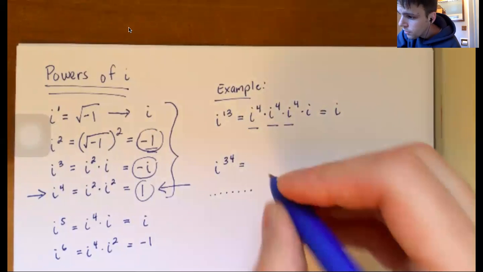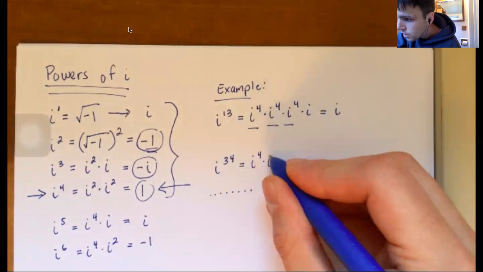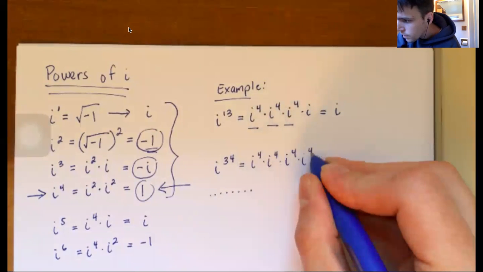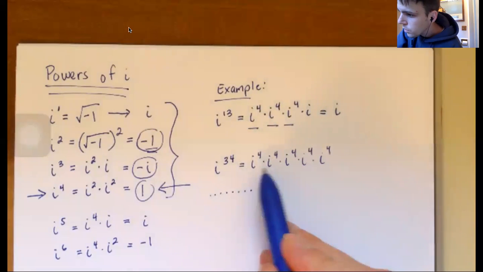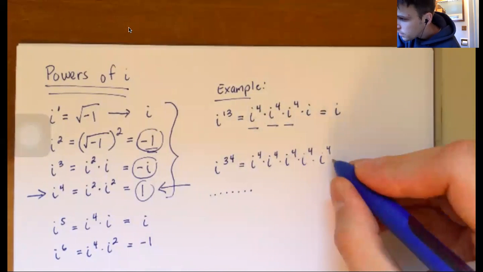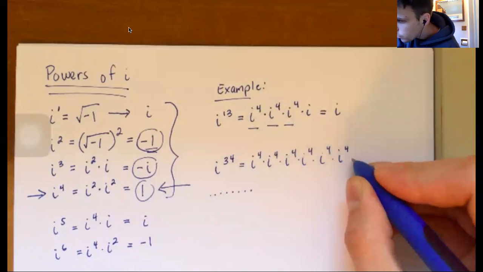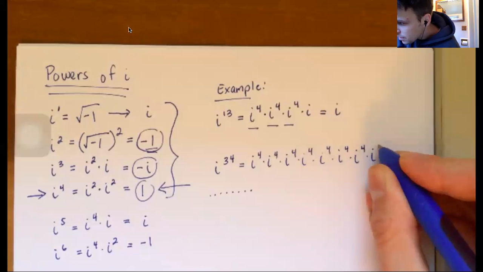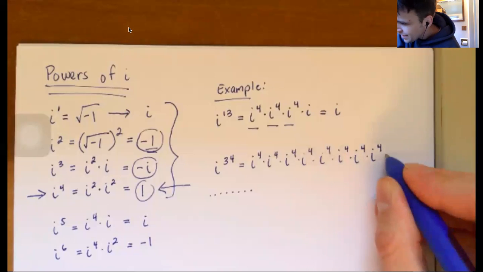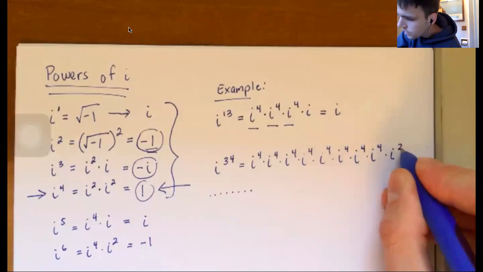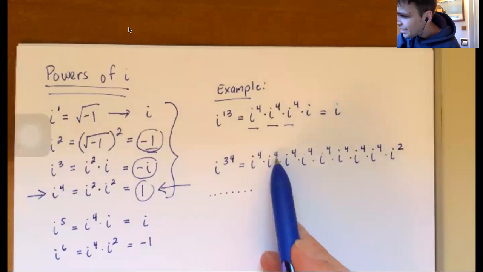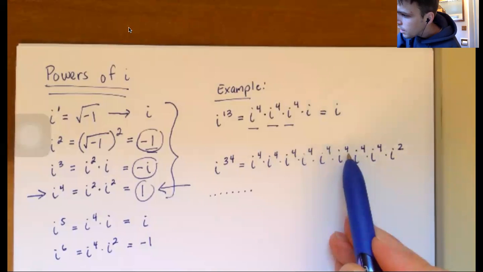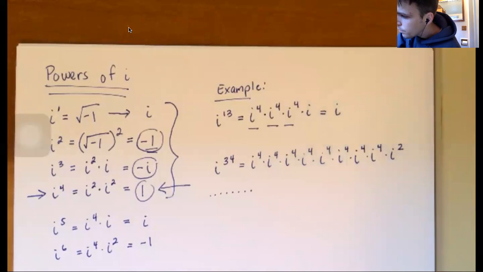So i to the 4th, i to the 4th, i to the 4th, i to the 4th. Let's count that again. So that's 4, 8, 12, 16, 20, 24, 28, 32.